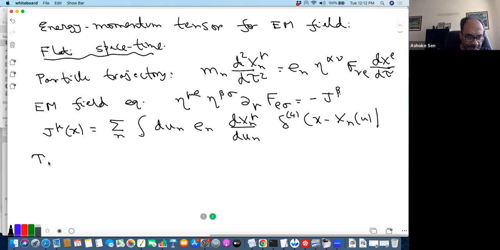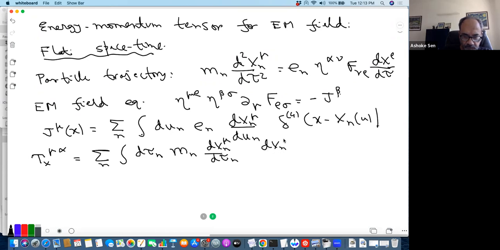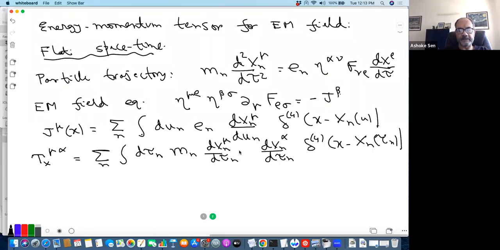The energy momentum tensor T^μα(x) is the sum over n, okay, so this is the energy momentum tensor for the same particle.